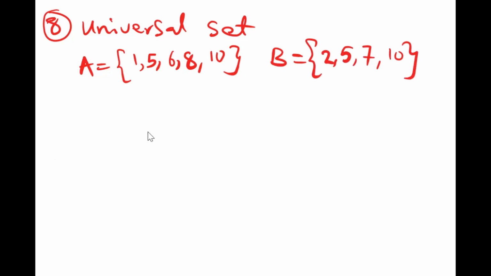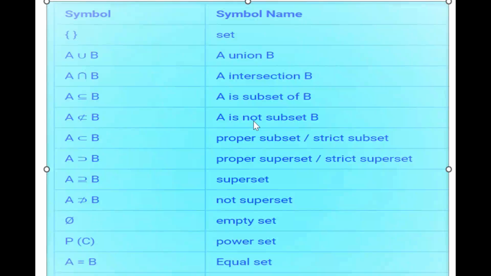The universal set will be a set that contains all the elements in A and all the elements in B as well.